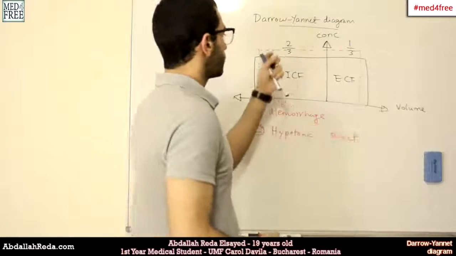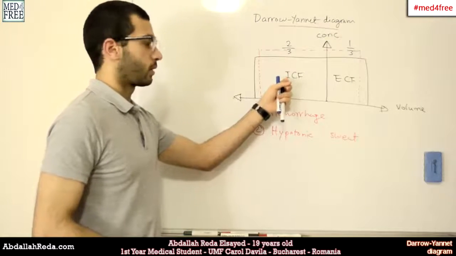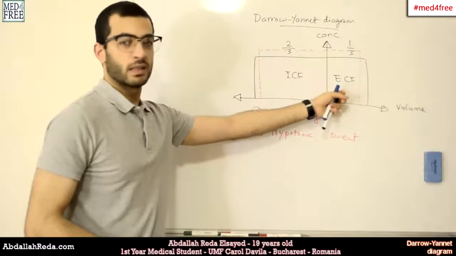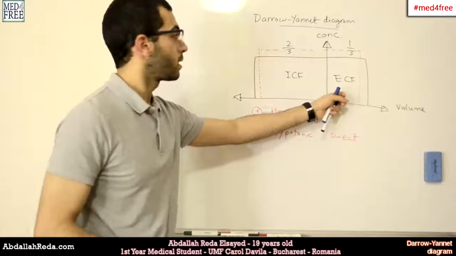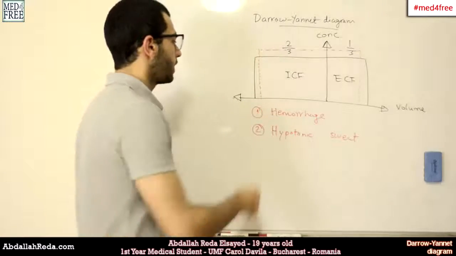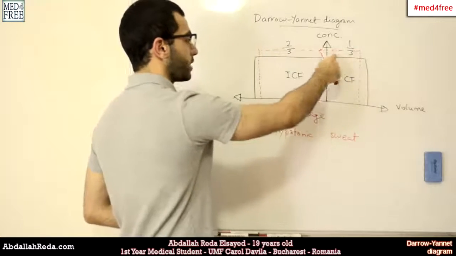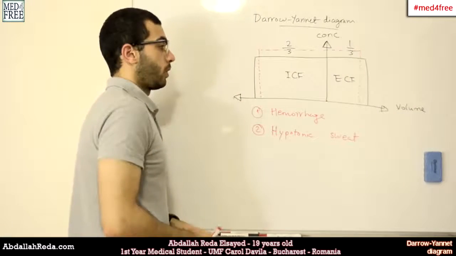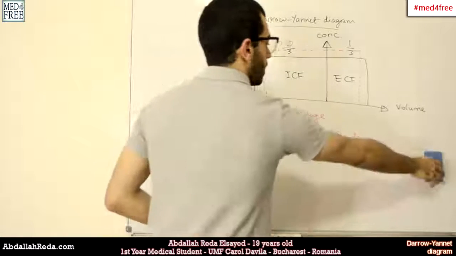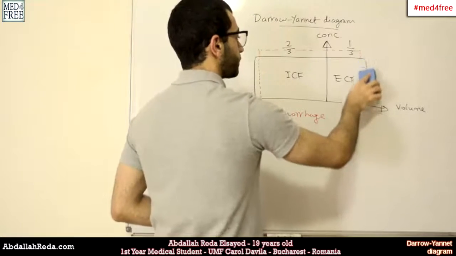The point is, in this case, the amount of fluid of the intracellular compartment, when it goes to that one, is not enough to compensate the loss. So we'll have something that looks like this, with a decreased volume on both sides and an increased concentration on both sides. So this is the second case.